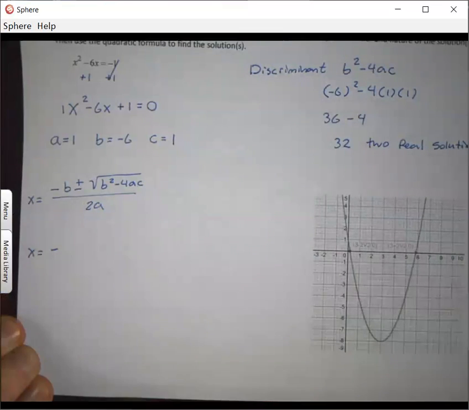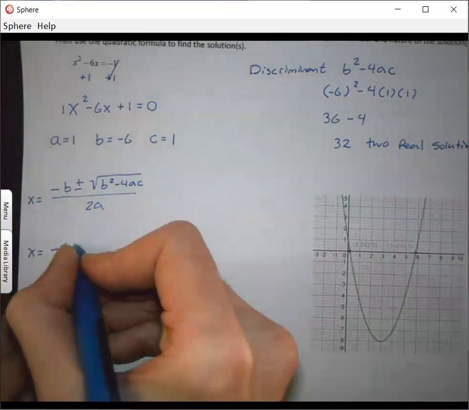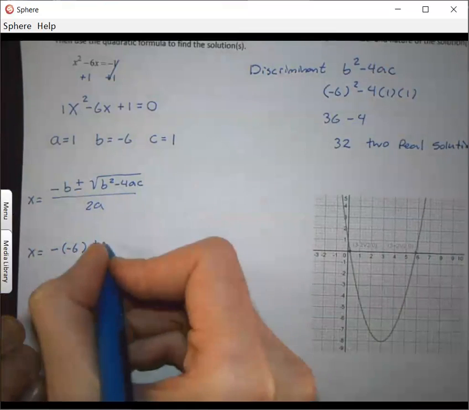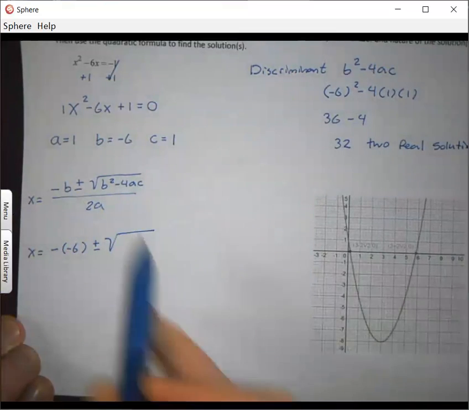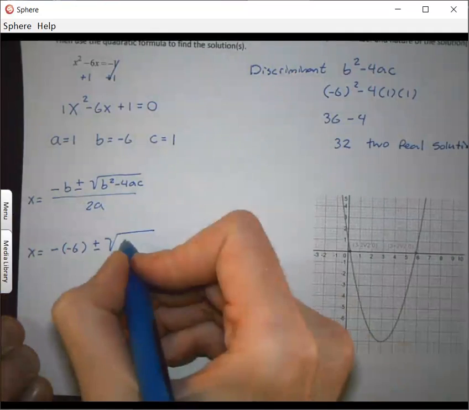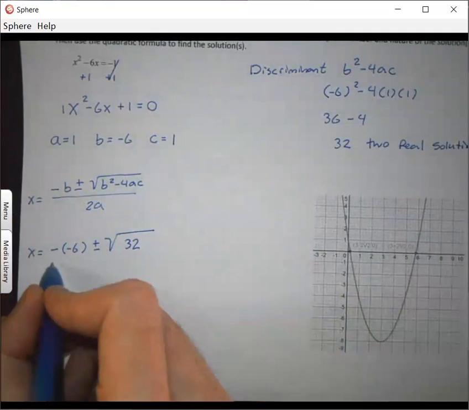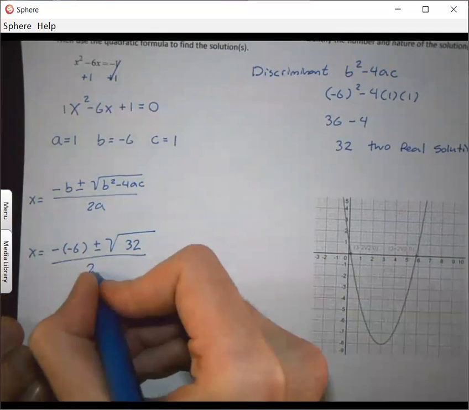So minus b, or minus 6, plus or minus the square root of our discriminant, which we found is 32, all over 2a, or 2 times 1.